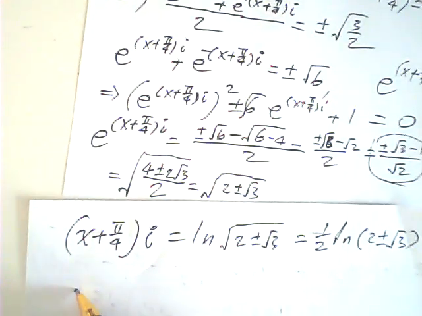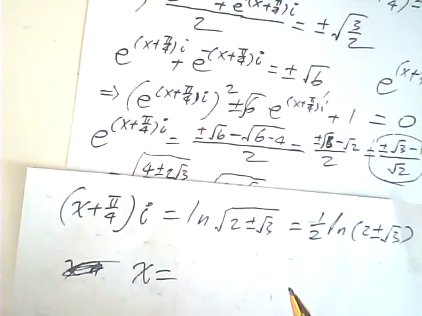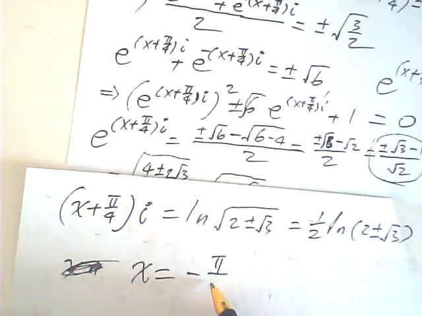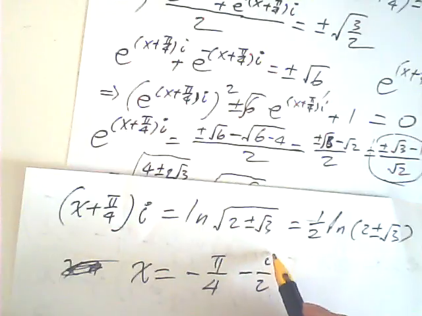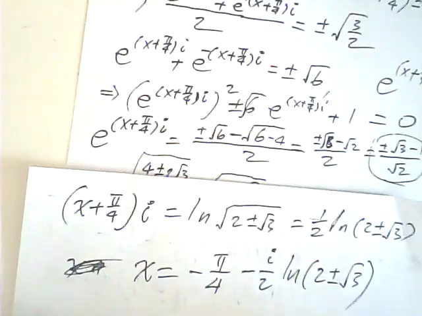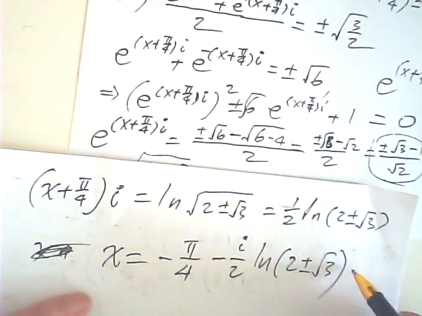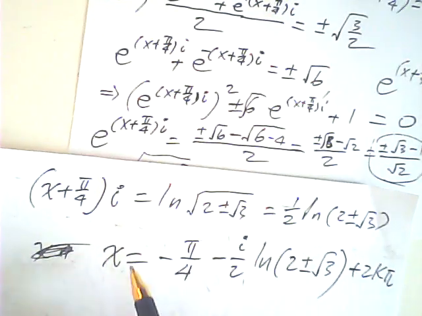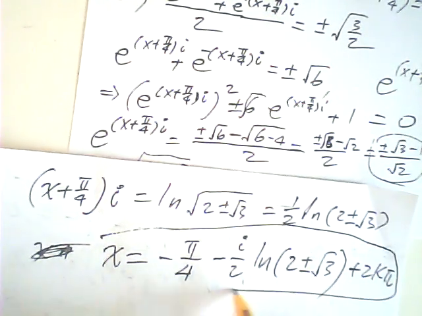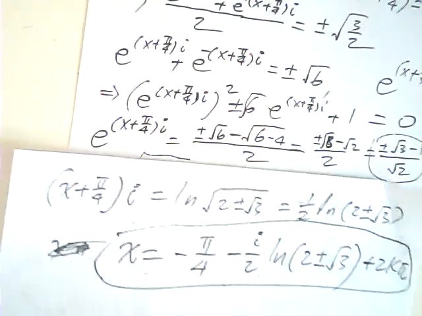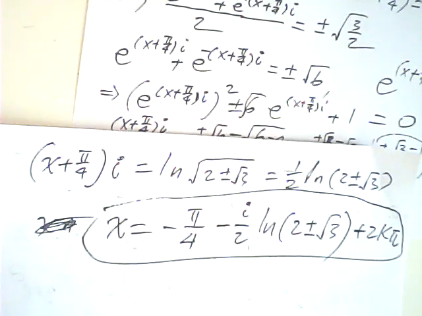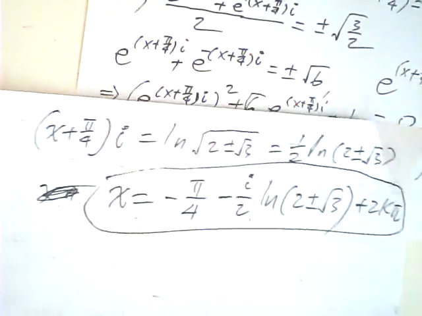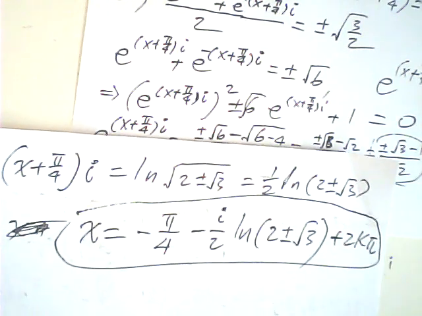Then x is equal to negative 1/4 pi, divided by i, is multiplied by negative i. Well, yeah, that's a particular solution, and plus 2k pi. All right, so we find the same answer by method 4. Well, I think these are good methods. So, thank you.